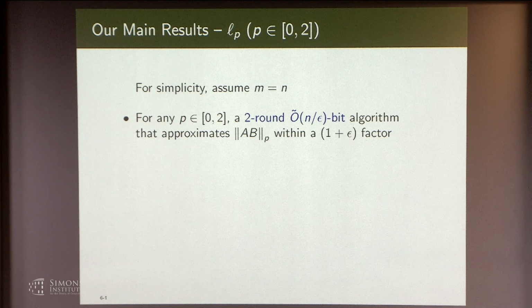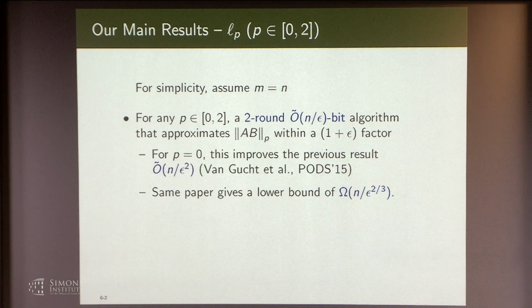Let me show you our main results. For simplicity, let's assume we are working with square matrices, so m is equal to n. For the p-norm, we get a two-round algorithm using n over epsilon bits of communication, up to some polylog factor. We can approximate the p-norm of the product of these two matrices within a factor of 1 plus epsilon.